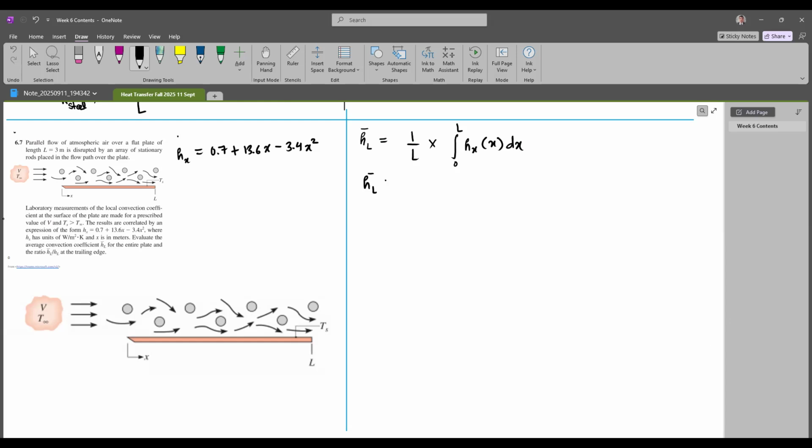So HL bar is 1 over L times the integration from 0 to L of 0.7 plus 13.6 x minus 3.4 x squared times dx.